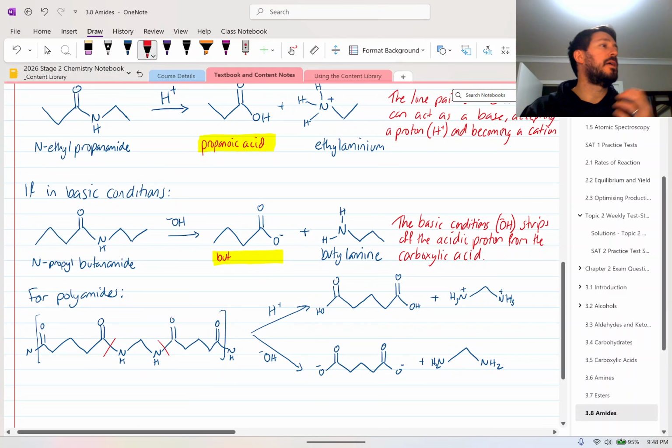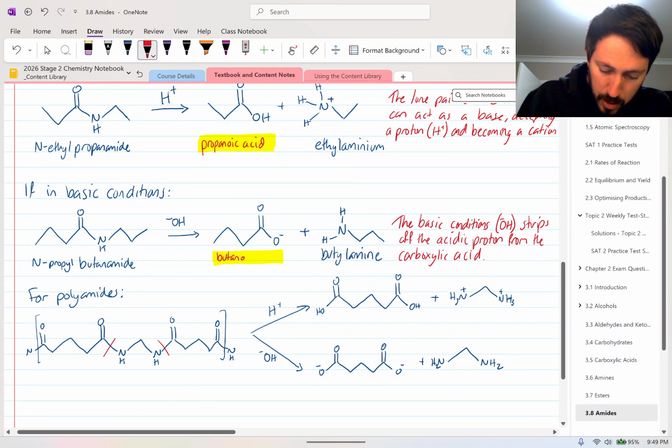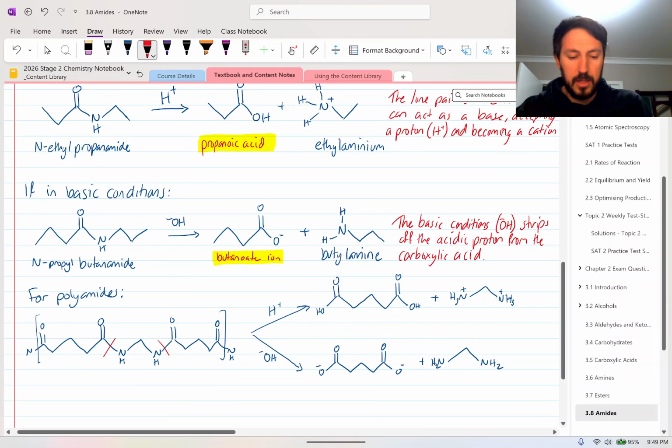Because it is a carboxylate and not a carboxylic acid, we call it butanoate ion, so it's an oate instead of an oic acid. Often they have different names, I think it's like butyric or something, but it doesn't really matter. This is the systematic name. The butanoic acid is instead a butanoate ion.